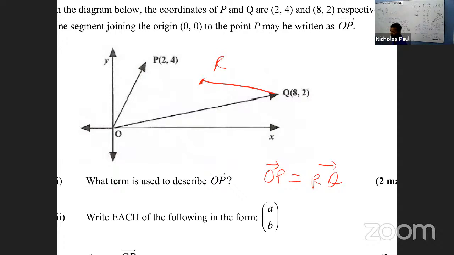Because here what it's saying is that besides being equal, the vectors are equal. So it means that if the line looks like this, it should also look like that. So it means it's kind of parallel, right?